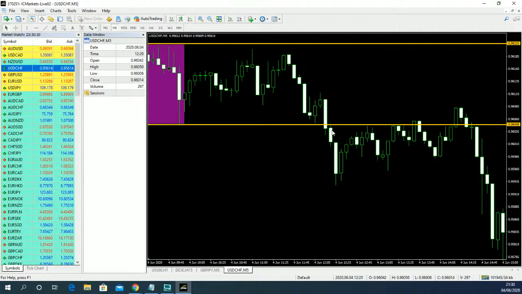If you tell me your answer is number 2, no, because you can see that number 2 is still touching the line, just as number 1 is touching the line. So the first one that actually gives us the great signal to go short is number 3, because it is not touching the line. It's completely outside of the box. It's as far from the box as the sky to the ground.